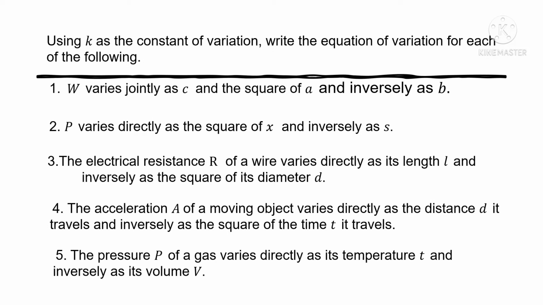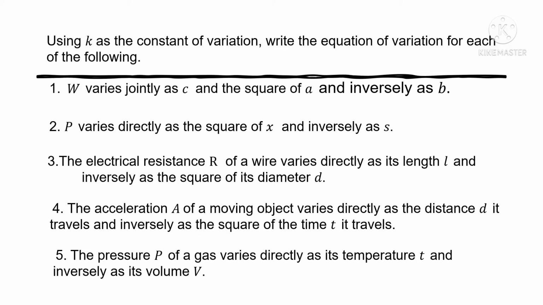Let us have these exercises. Using k as the constant of variation, write the equation of variation for each of the following. Number 1. W varies jointly as c and the square of a, and inversely as b.